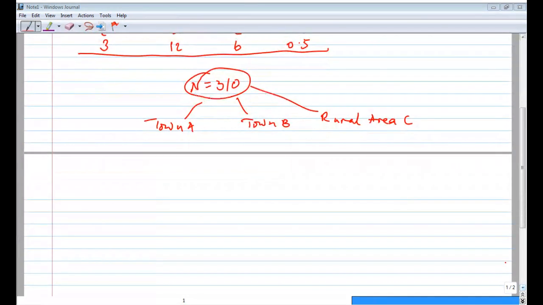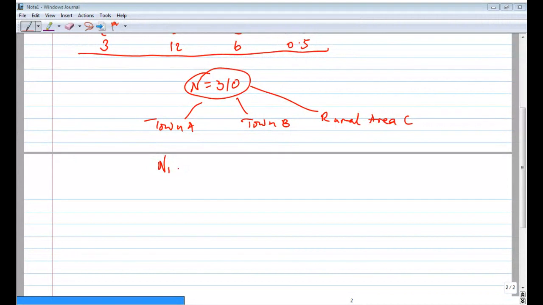So now, the population size of town A, or stratum number 1, is N1, which is equal to 155. For stratum number 2, N2 is equal to 62. For stratum number 3, N3 is 93, if you still recall.